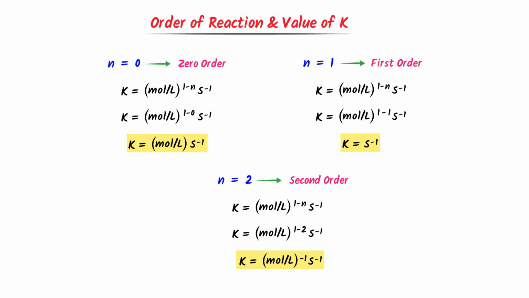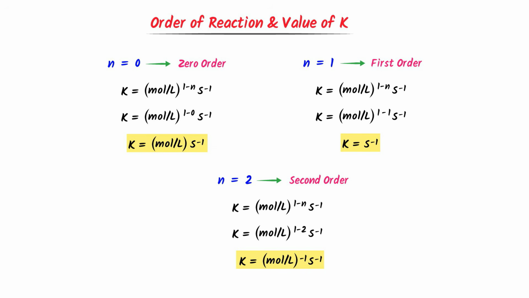Remember that different reactions have different values of k. For example, in case of the zero order reaction, the unit of k is mole per liter per second, while in the first order reaction, the unit of k is only per second. Hence, note down this very important concept.